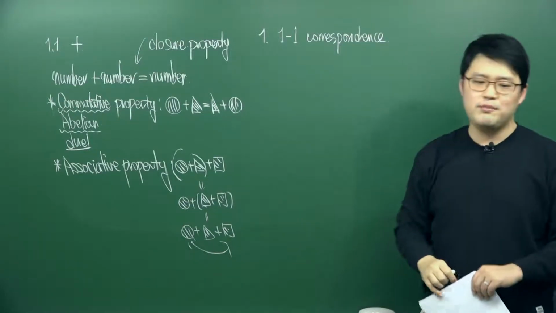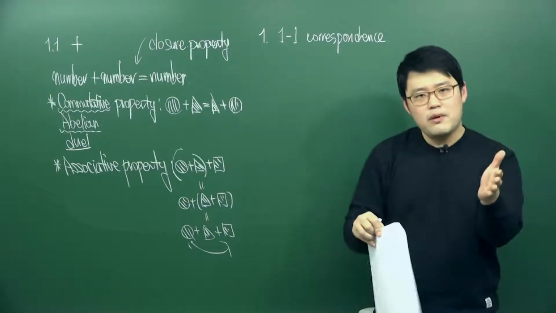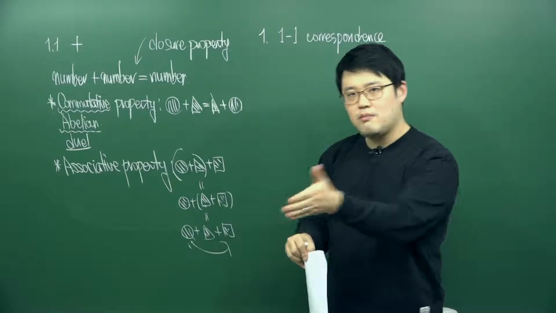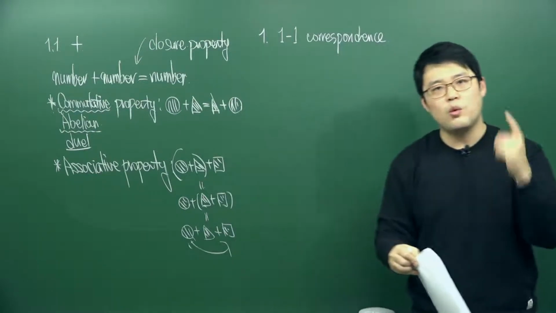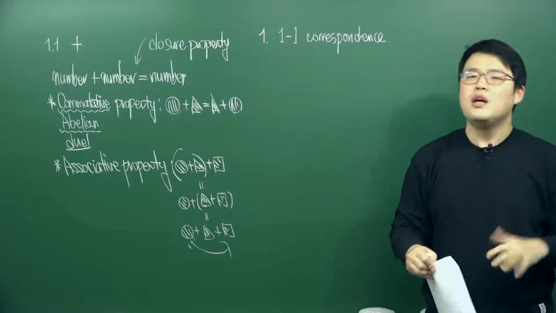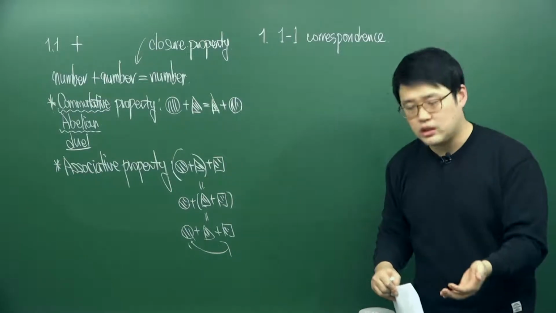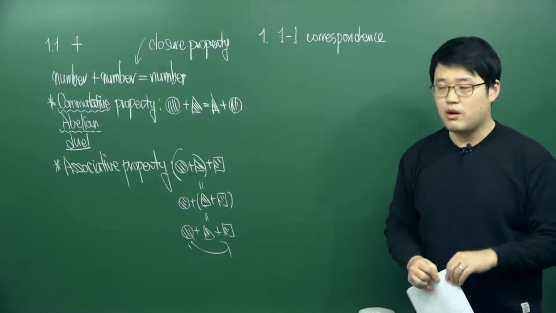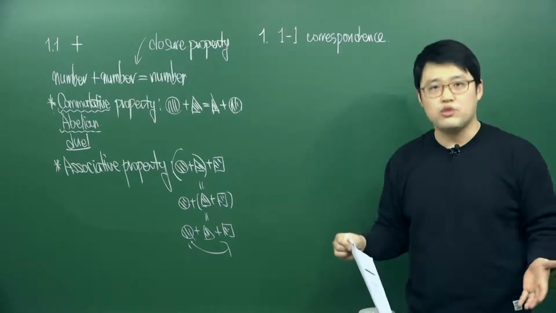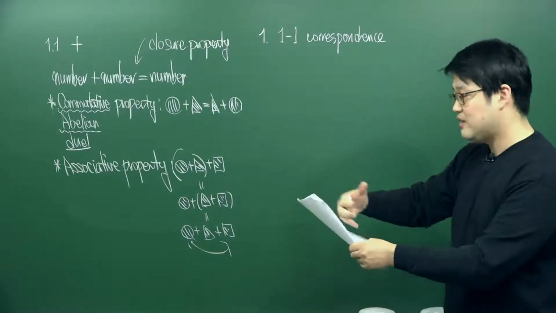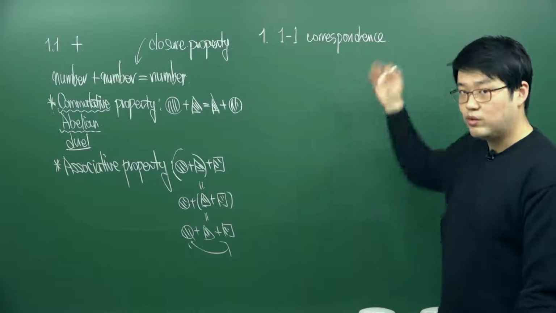One-to-one correspondence means that a number is attached to the other number and so on. We're going to use this in number 2, but also when we deal with number 1, we're going to deduce some property or equation out of the whole sentences. That's basically using this one-to-one correspondence.